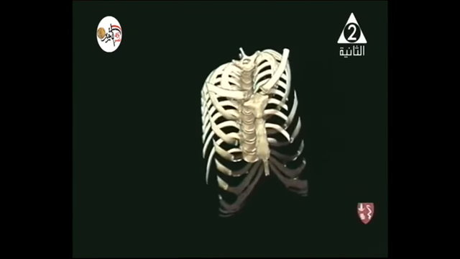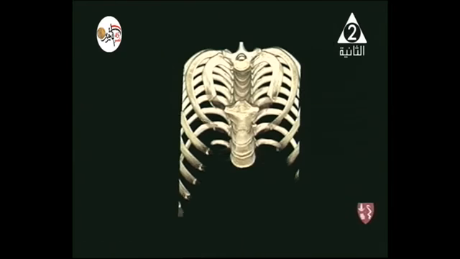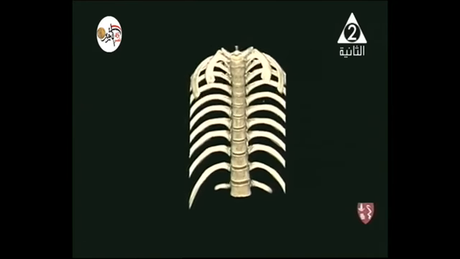And actually, when we talk about the thoracic vertebra, they are considered part of the rib cage, part of the thoracic cage. Some people believe that the rib cage is only the sternum and ribs. No, the rib cage consists of sternum, ribs, and also the thoracic vertebrae, as you see in the video.